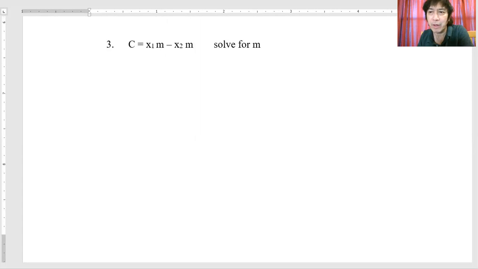You have the m in 2 terms. To isolate the m, you will do the so-called factoring.